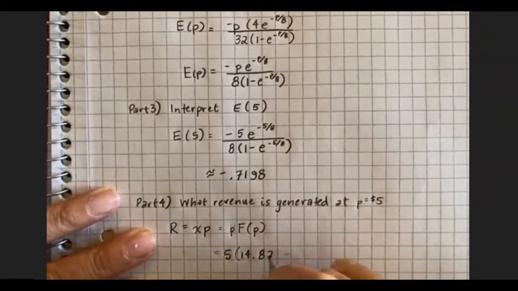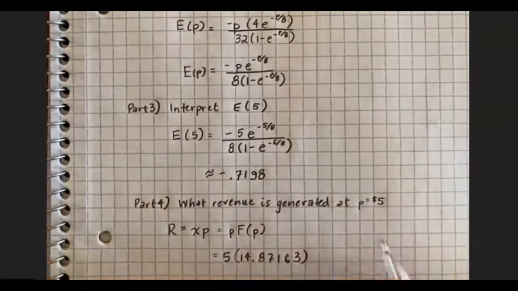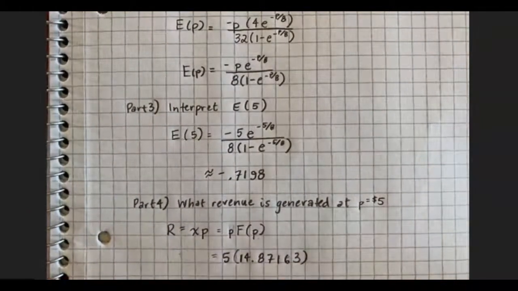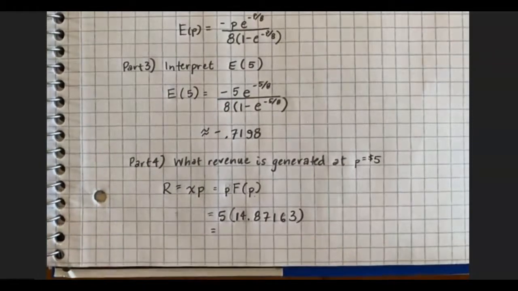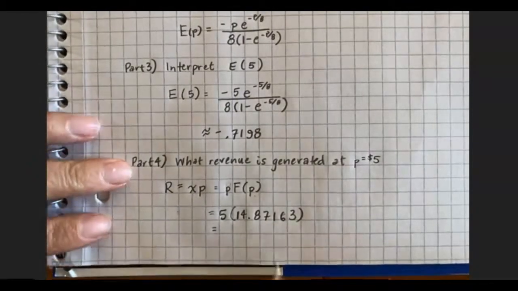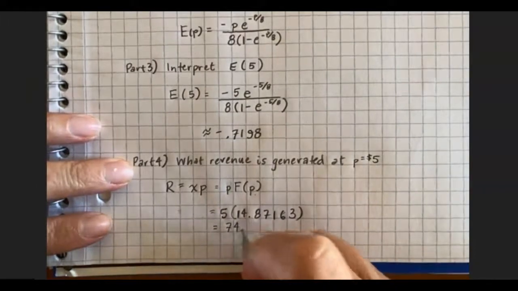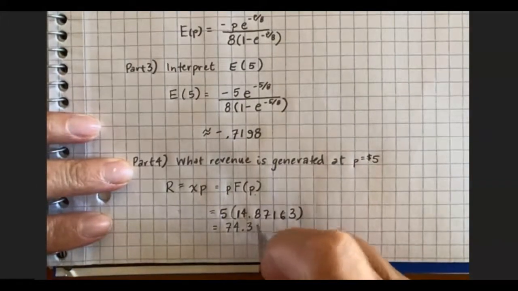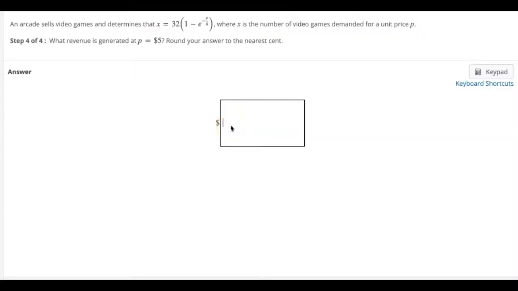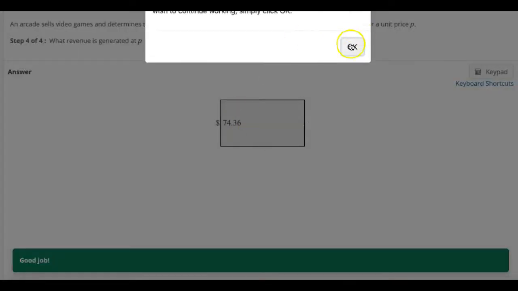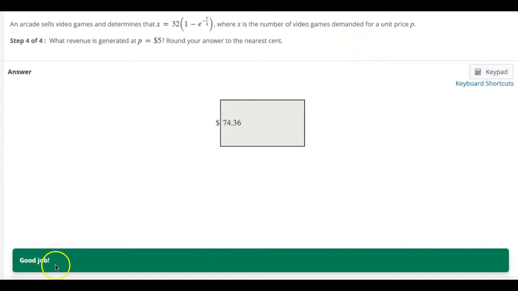I'm just going to leave it out to many, many decimal places so I have lots of precision. And then that equals, in cents, on my calculator, I get 74.36. All right, it's the last step. Let's hope we get it right. 74.36. Good job. All right, that should help you, hopefully, with yours.